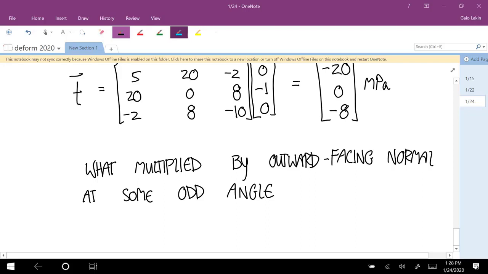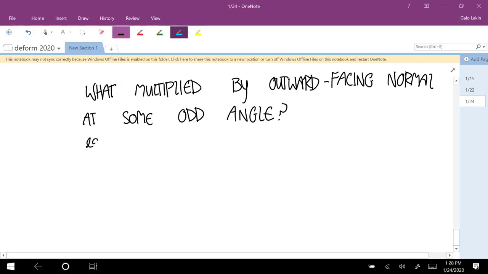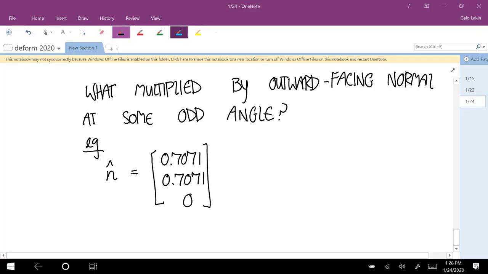For example, what if we used an outward facing normal of 0.7071, 0.7071, 0. So that's in the xy plane at 45 degrees between the positive x and the positive y.